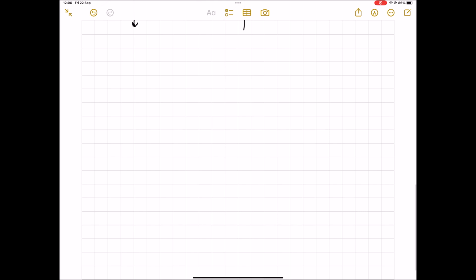Now that you know how y equals mx plus c works, we can jump into an example.